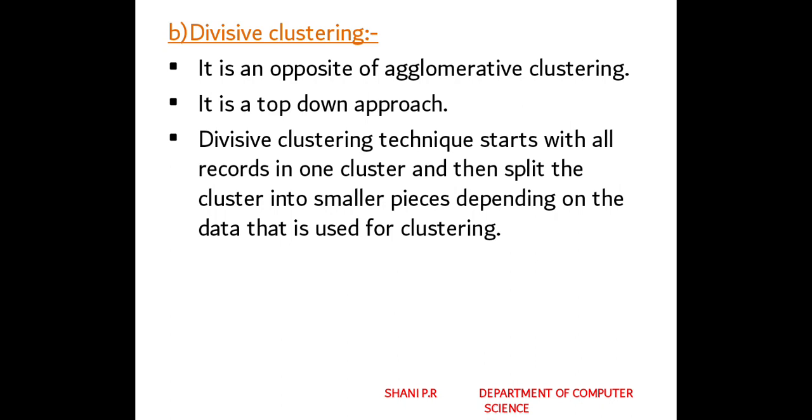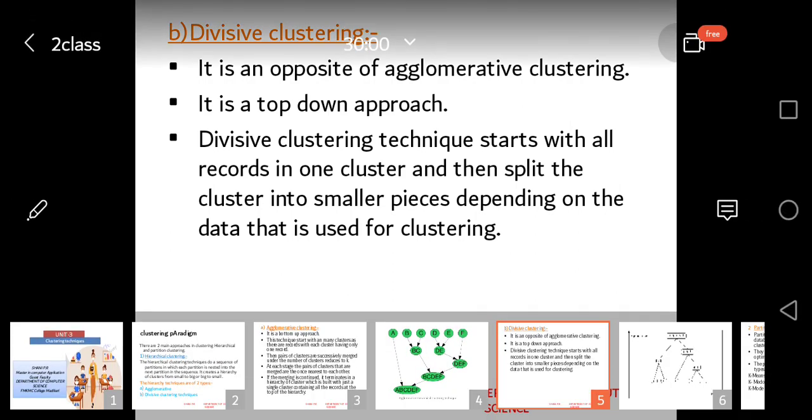Divisive clustering techniques start with all the records in one cluster and then split the cluster into smaller pieces depending on the data that is used for clustering. So here from a particular cluster, it will subdivide into smaller pieces. Okay, so this is known as divisive clustering.